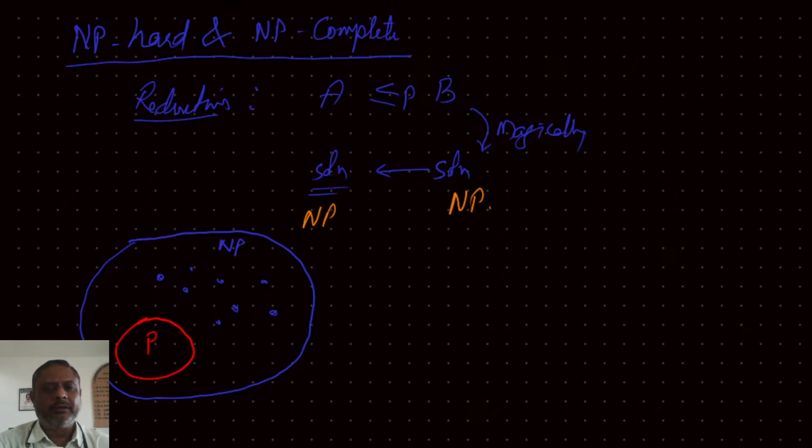So we can think of one problem, and to that problem, if all other problems can be reduced, so all the problems in any domain can be reduced to a single problem, then it means that this problem is the hardest problem among all these problems.